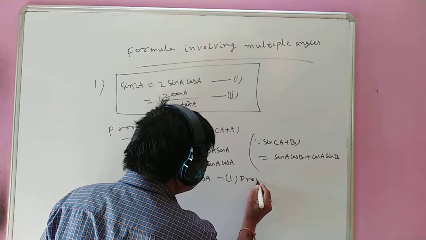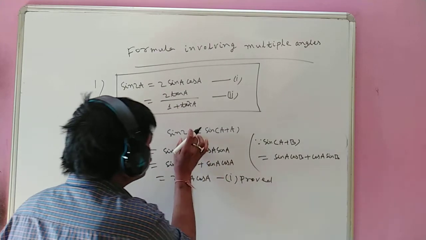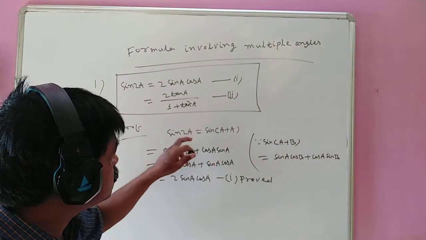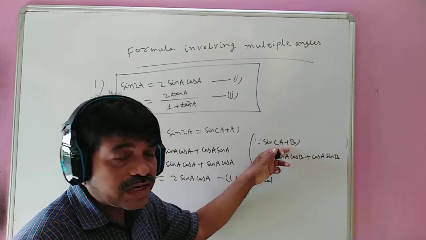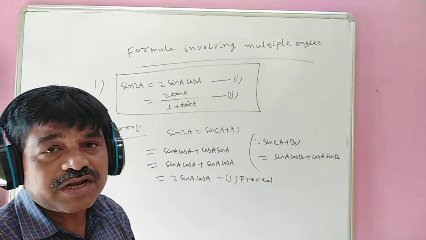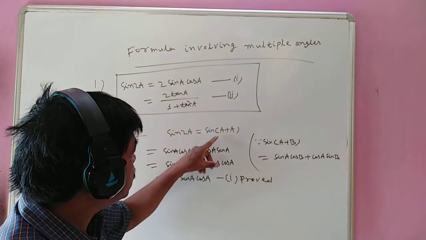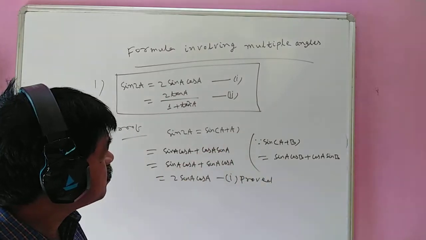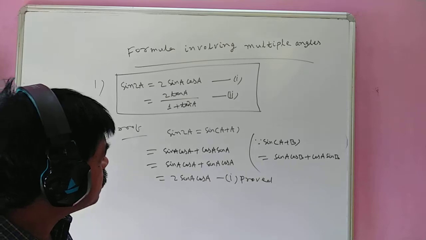Okay. You split this 2a as a plus a. Split means break. To break this 2a as a plus a. A plus a is 2a. So it is of the form sin(a plus b). Okay. So then you apply sin(a plus b). So it is sin a into cos a plus cos a into sin b. Okay.